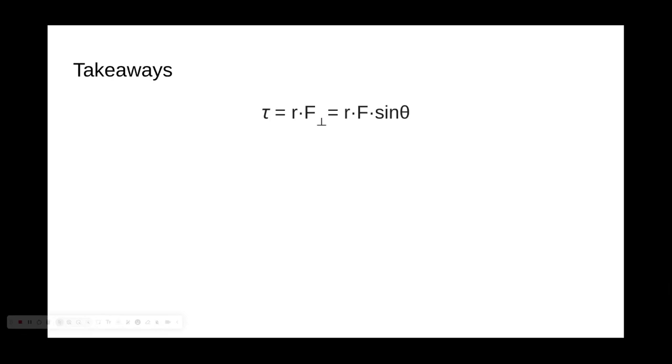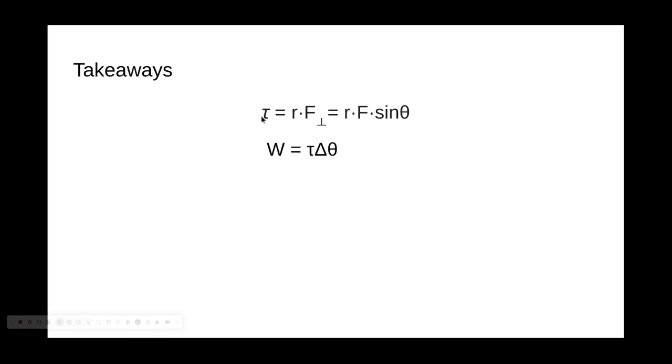So here's your takeaways from this part of the rotational motion unit. Torque is the application of a perpendicular force some distance from a pivot point, which we call the lever arm. If the force is not perpendicular, you can find the perpendicular component by substituting the actual force times the sine of the angle at which it's applied.